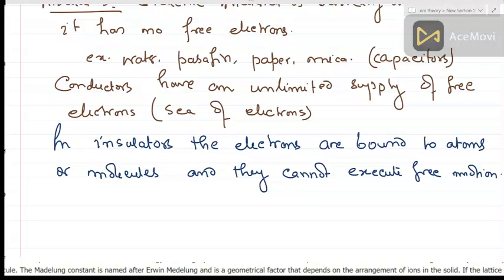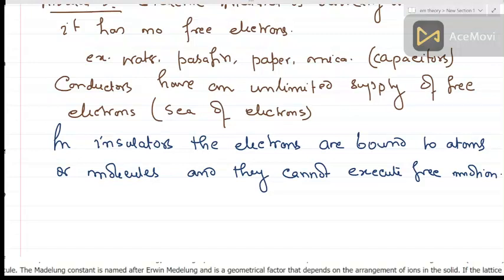They cannot move freely as it is possible in the conductor. So they are not conducting any current. But you will ask, this is the definition of insulators, so what about the dielectrics?